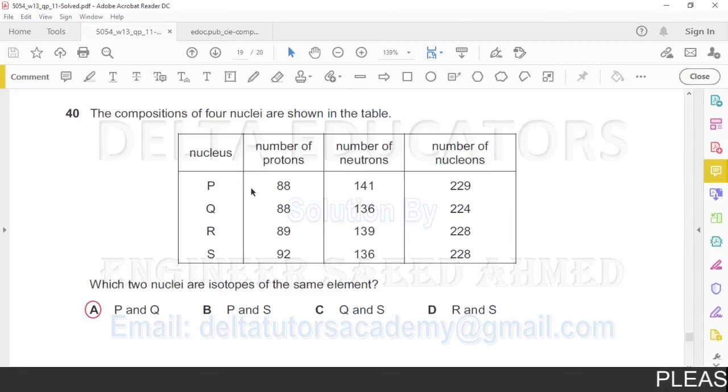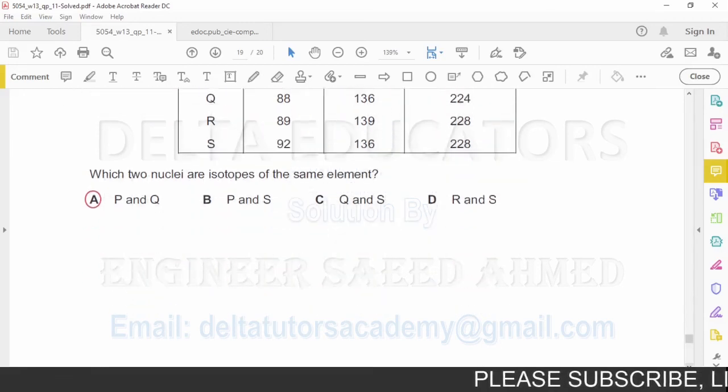Now here if we check these 4 nucleus, it is observed that in P and Q, proton numbers are same, whereas their neutron numbers are different. So definitely this P and Q are the isotope of the same element. P and Q is given here in option A, so correct option, option A.